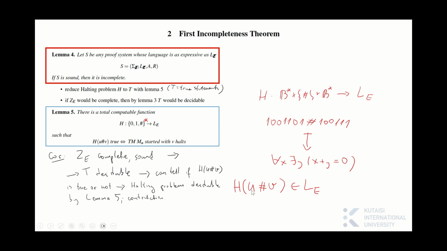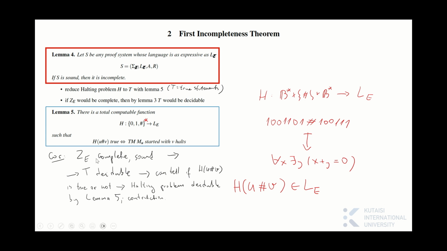So I translated my Turing machine to natural numbers, so now I can say if this statement is true or not, if true statements are decidable. If true statements are decidable, I can algorithmically tell you if H of UV is true or not. If I can tell you that, then by this lemma, I can tell you whether M_U on V halts or not, and I know this is impossible.